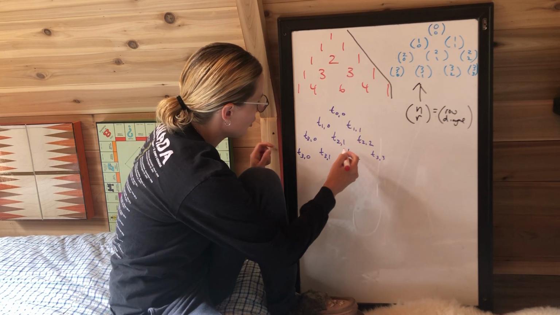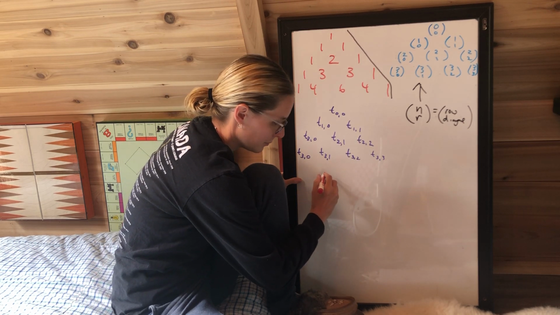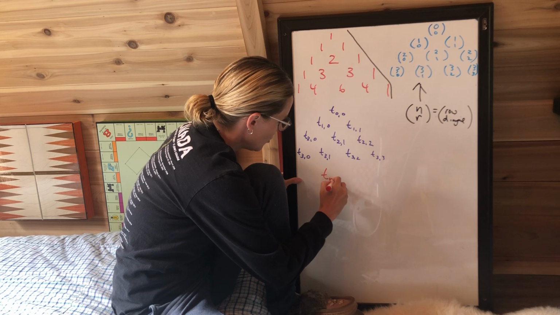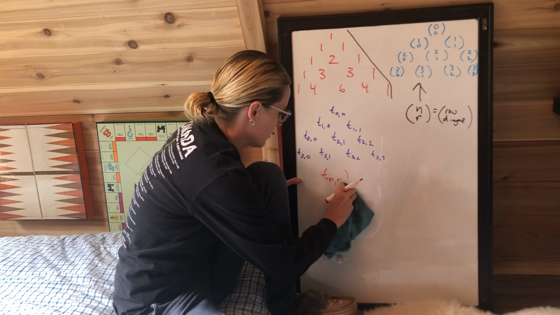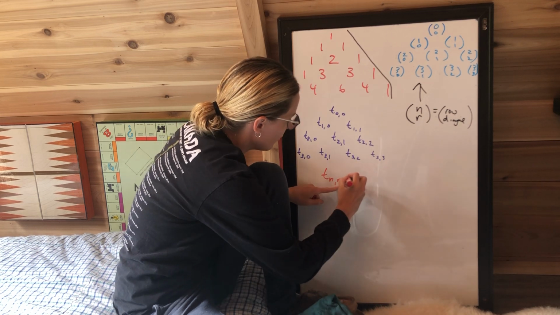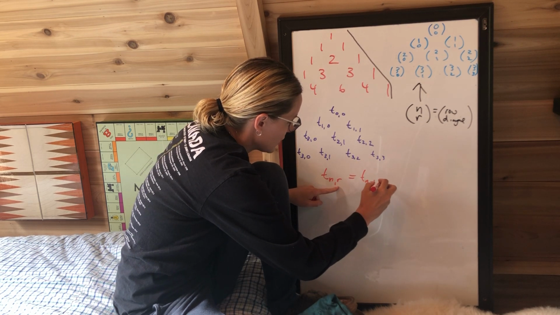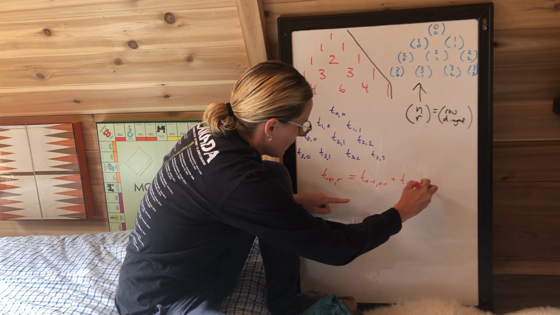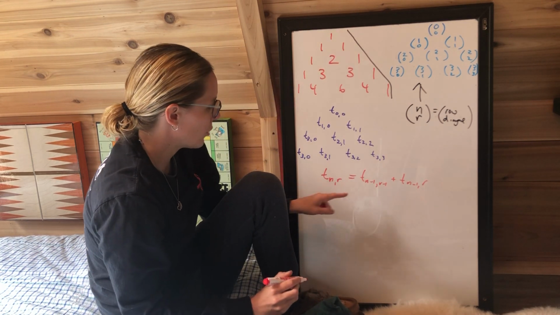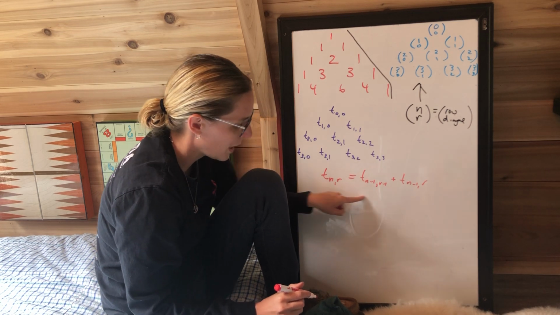So yesterday we learned that if we take term n, r, then we can find that by going to the row above it, n minus 1, and the diagonal before that. This was the general term that we had yesterday.